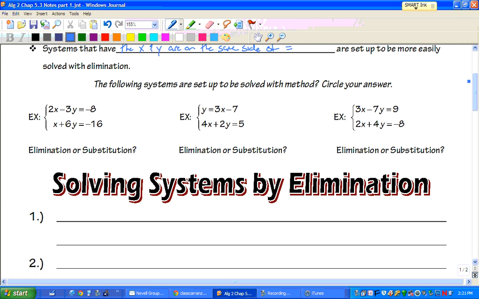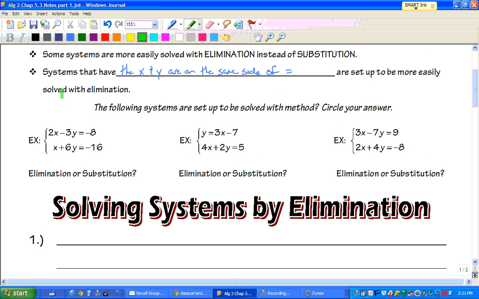Now, the following systems are set up to be solved with a method. Which one is it? When we're looking at elimination, we want to make sure that the x's and the y's are on the same side. So for this one, we would use elimination. Now, in example 2, see how the y is all by itself?